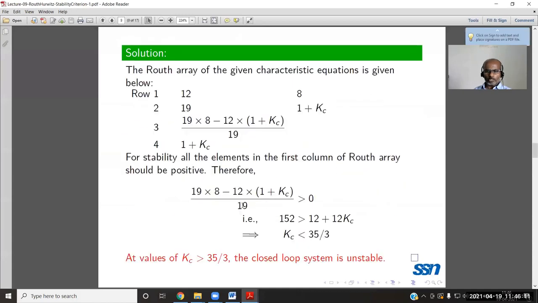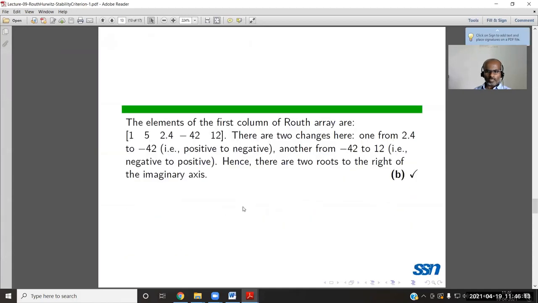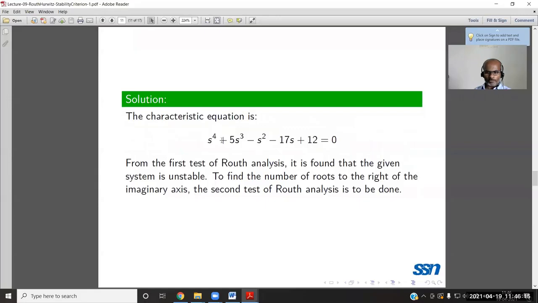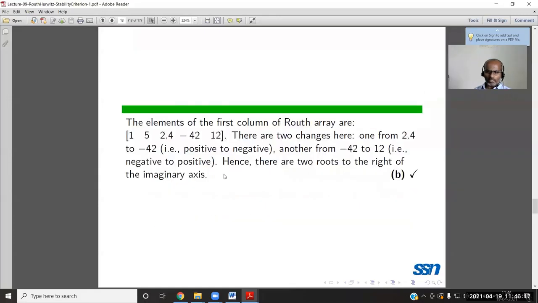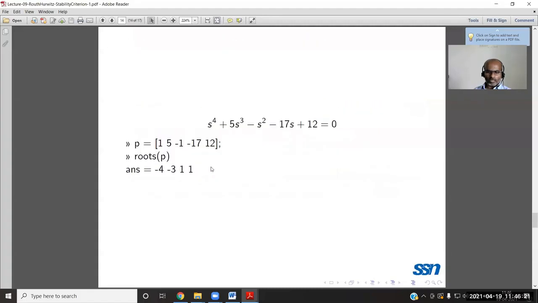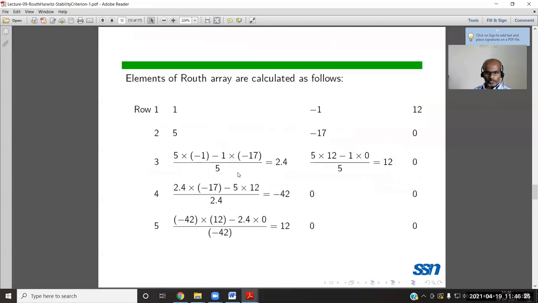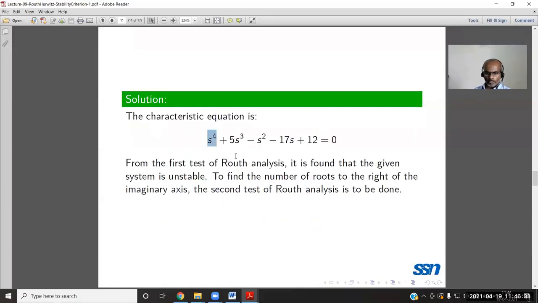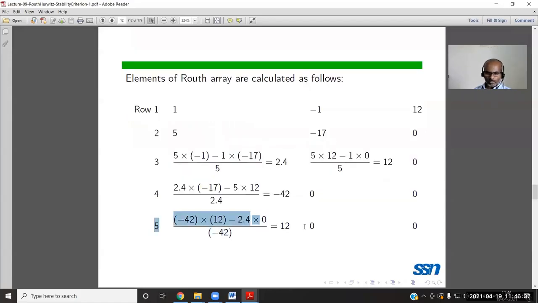So the Routh stability, the advanced aspects, which is about if the first column element is turning to 0 even before finishing the entire rows. Say for example here the 4th and 5th rows are turning to 0 for a 4th order polynomial. For the 4th order polynomial, up to the 5th row you have to write.